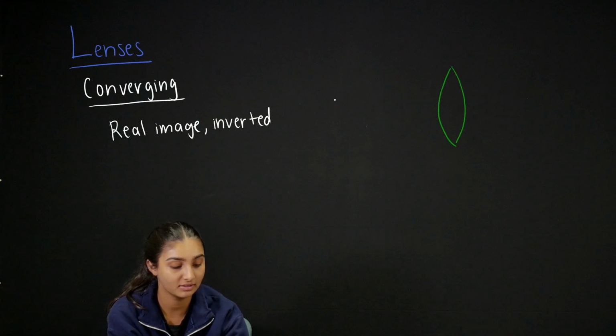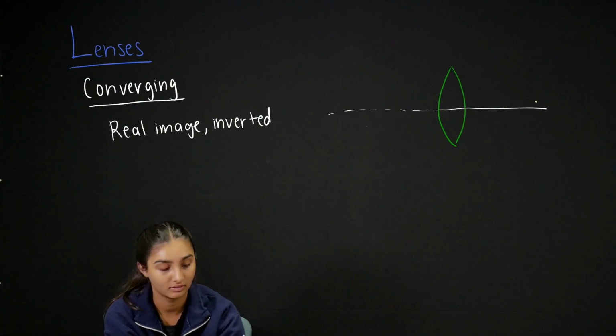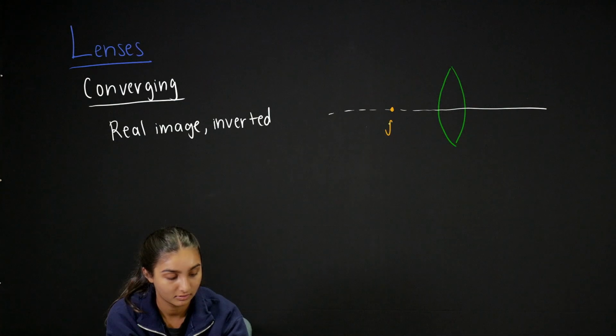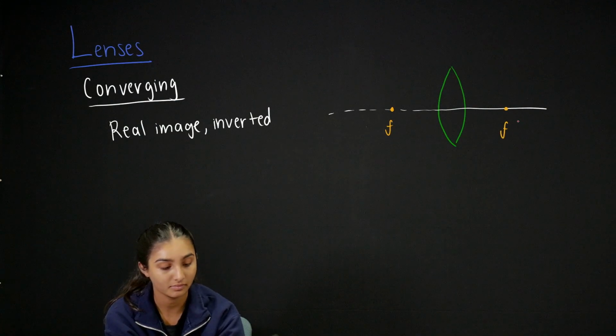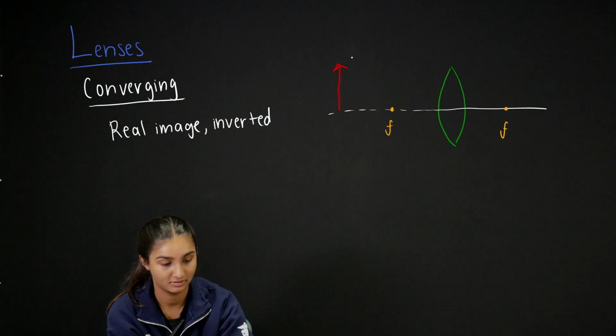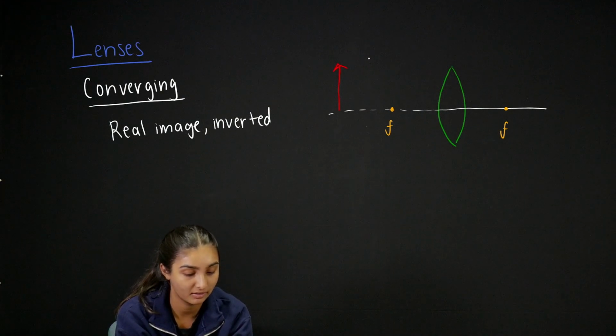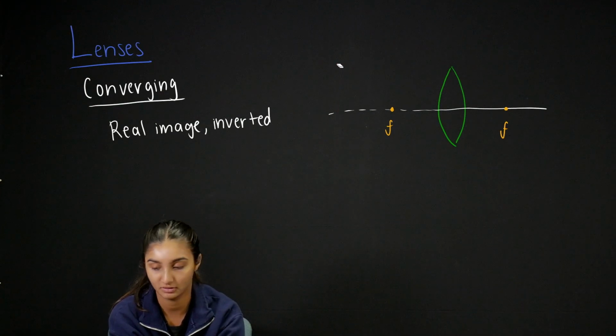Our lenses have two focal points. So here is our object. Actually, I'm going to make our object just a little smaller.